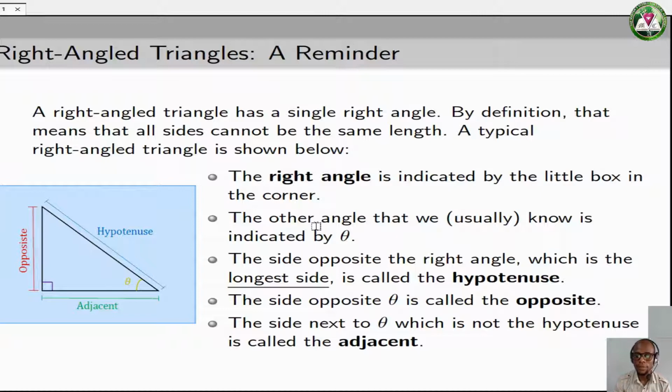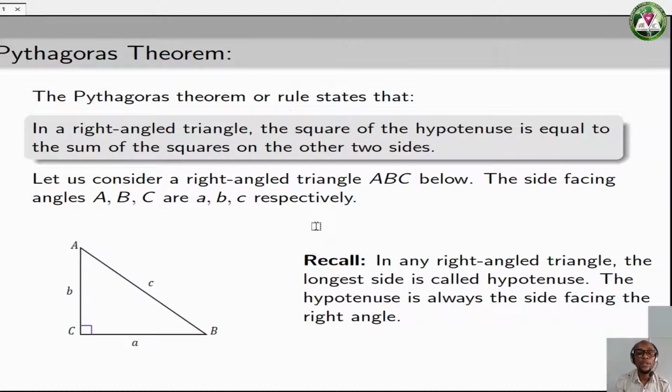So now, going to the crux of today's lesson, which is the Pythagoras Theorem. The Pythagoras Theorem or rule states that in a right angle triangle, the square of the hypotenuse is equal to the sum of the squares on the other two sides.